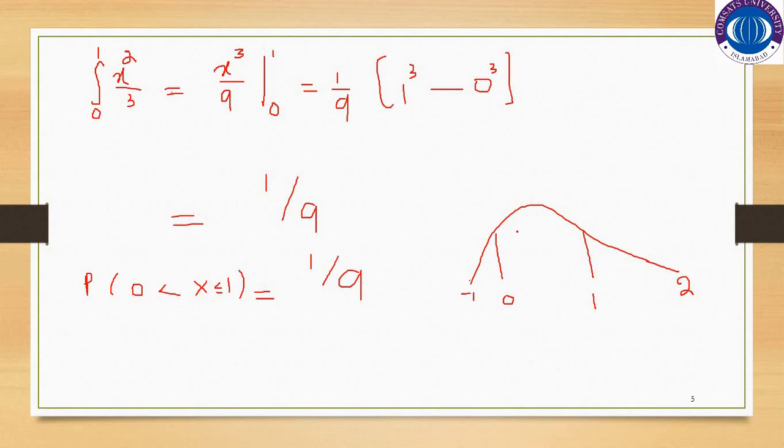So this total area under the curve between 2 points is 1 by 9. This is the way to find the area between 2 points. Here we don't have the less than or equal to sign, but if there is an equal to sign, we will do it as it is, as we have done in this case.